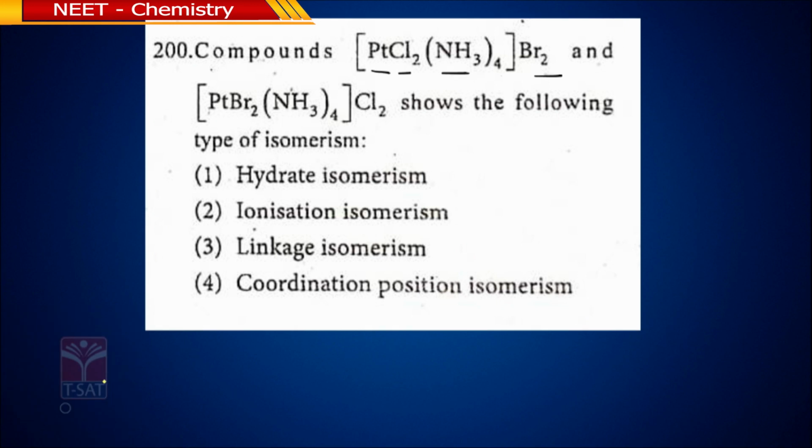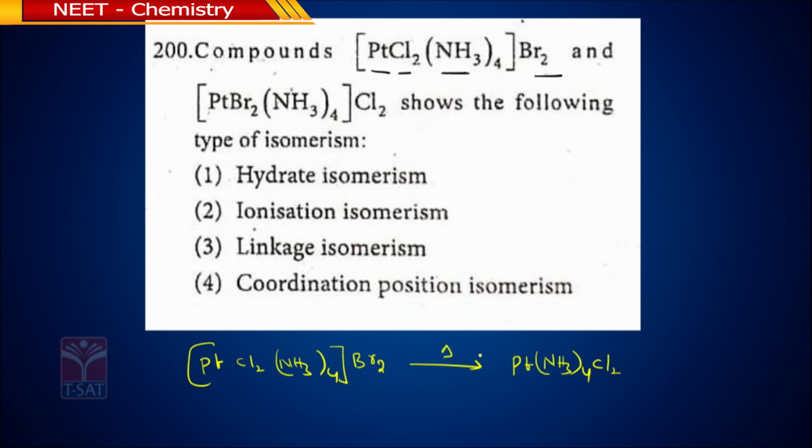See, the first compound is [Pt(NH3)4Cl2] with Br2 outside. If you ionize it, you will get the following ions: [Pt(NH3)4Cl2] with +2 charge, and 2Br minus.